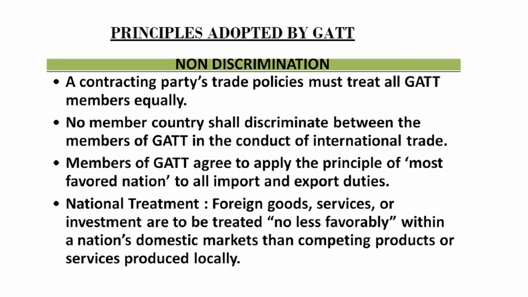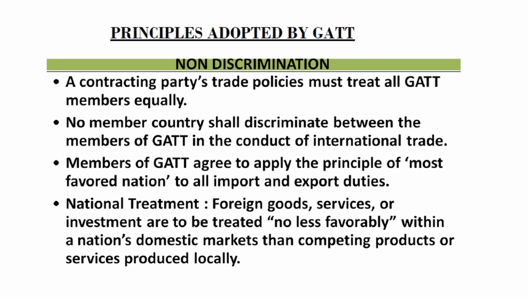Okay, so the short name of this agreement was GATT. The main principle was non-discrimination, which meant that the contracting parties' trade policies should treat all GATT members equally.